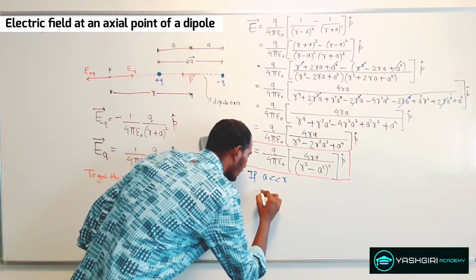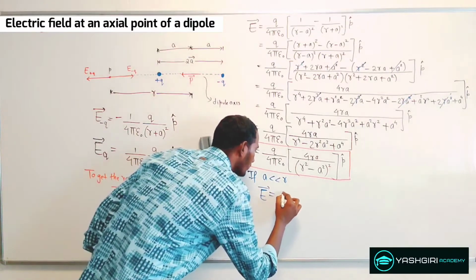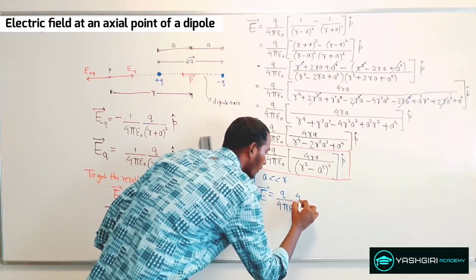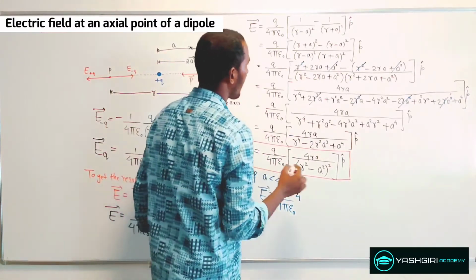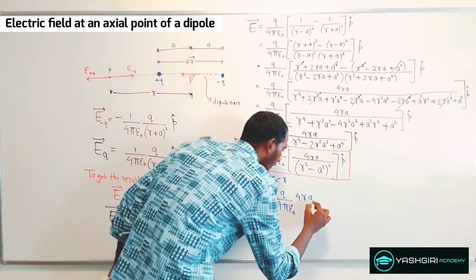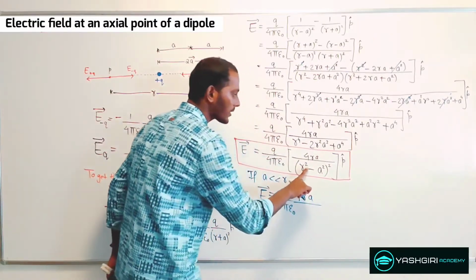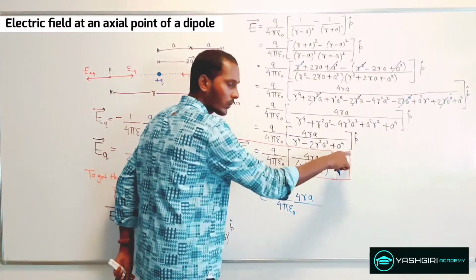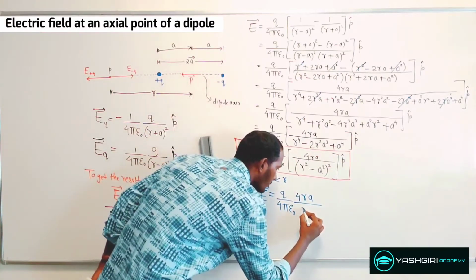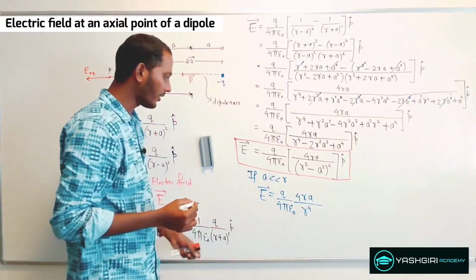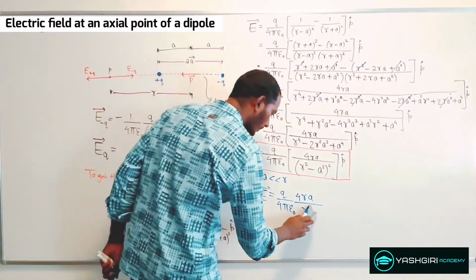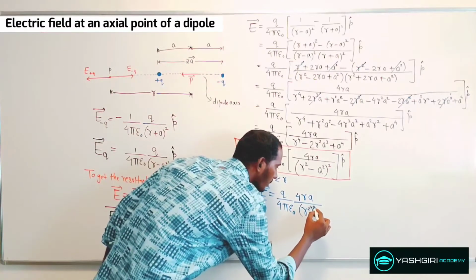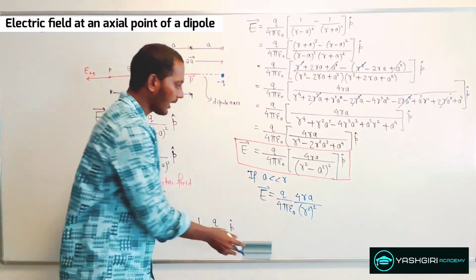In that case the electric field vector E will be equal to Q upon 4 pi epsilon naught into 4 times the RA divided by just R square the whole square, I am neglecting this A square, that will give me R raised to 4.